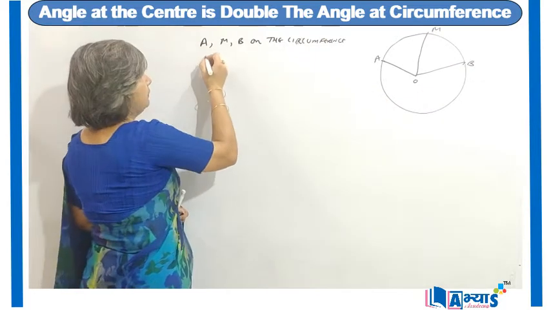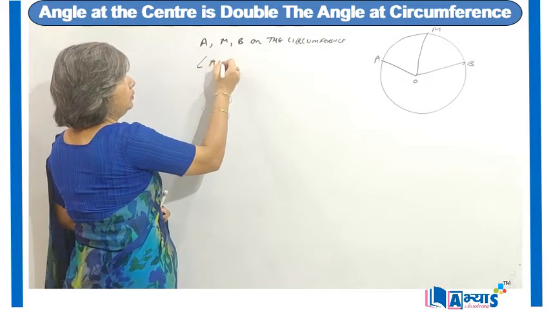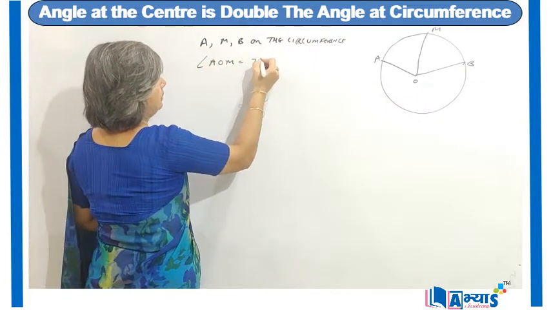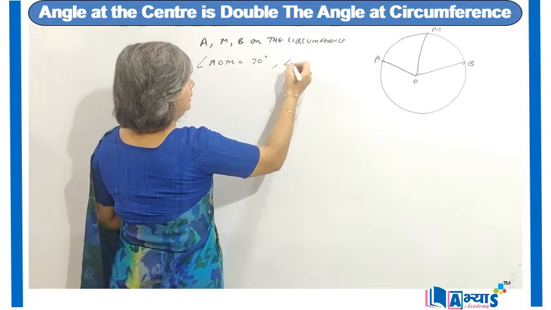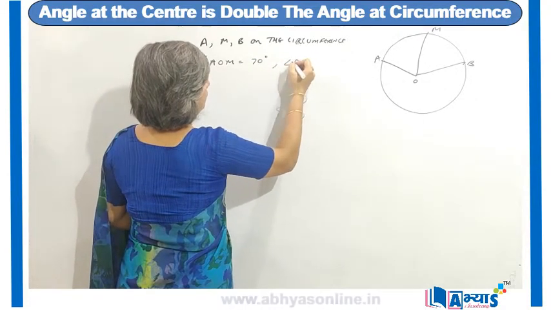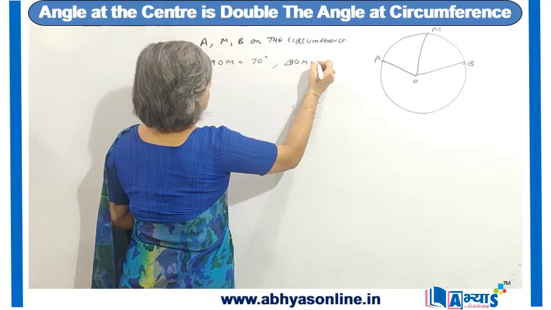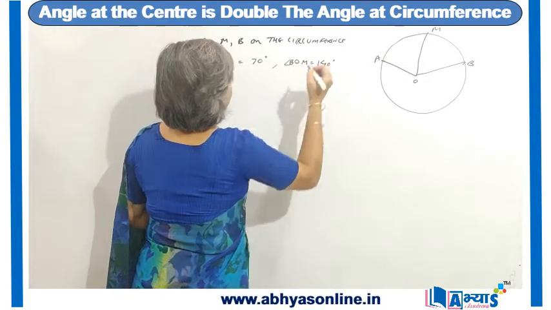It is further given that angle AOM is equal to 70 degrees and angle BOM is equal to 140 degrees.